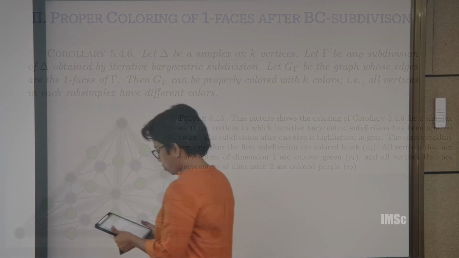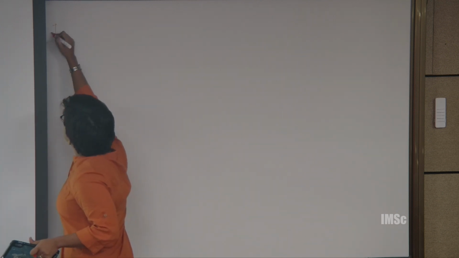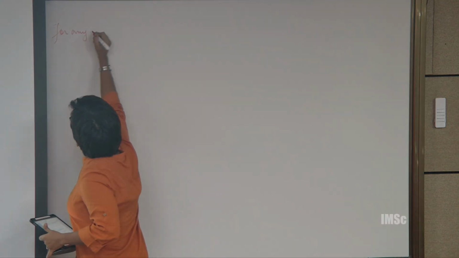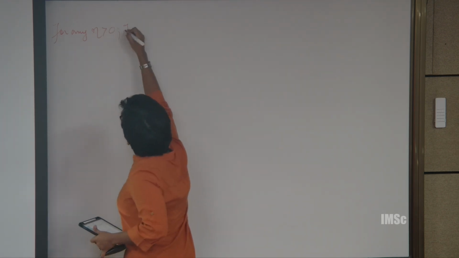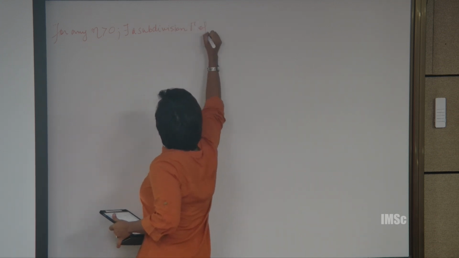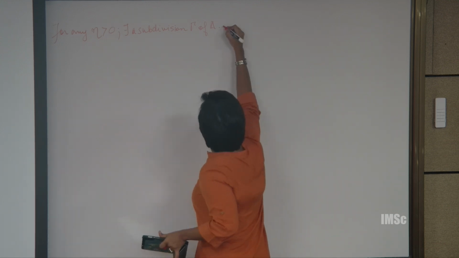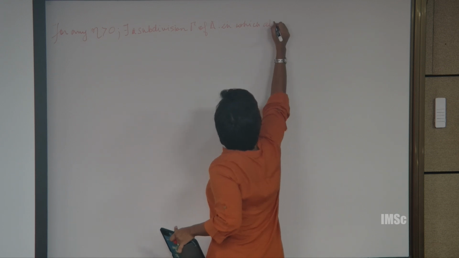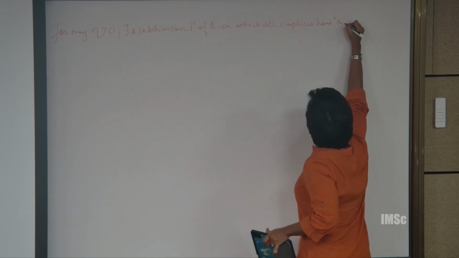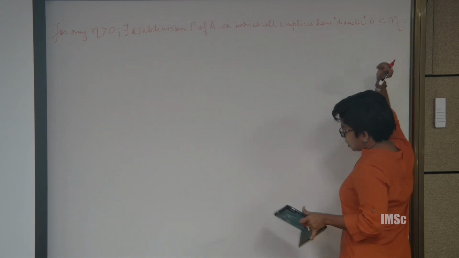Okay. So, for any eta greater than 0, there exists a subdivision tau in which the diameter, this distance from the vertex, is at most this eta.